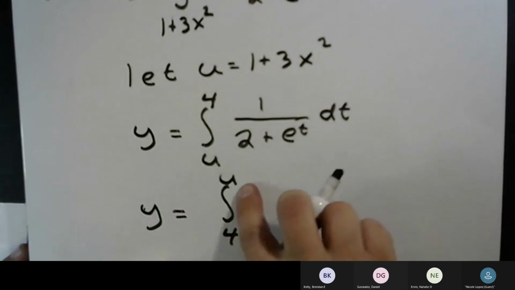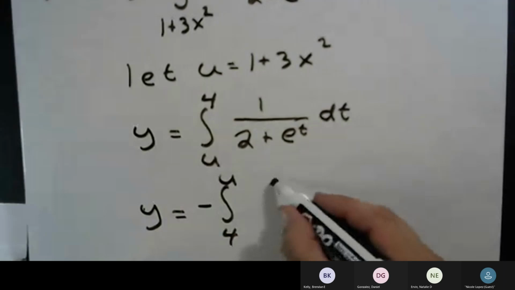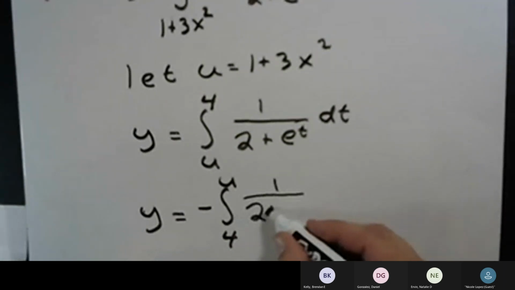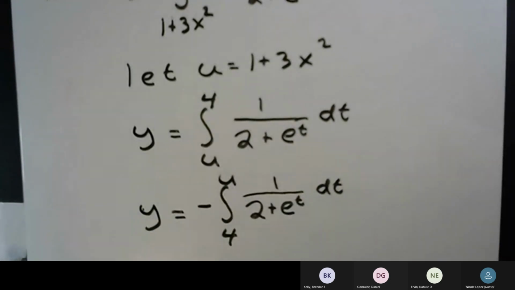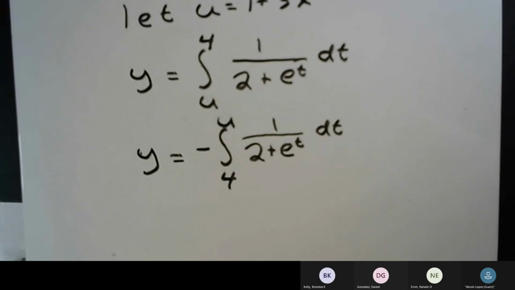Make this the lower bound, make this the upper bound if we attach a negative sign. So now we have this. So we're getting closer.